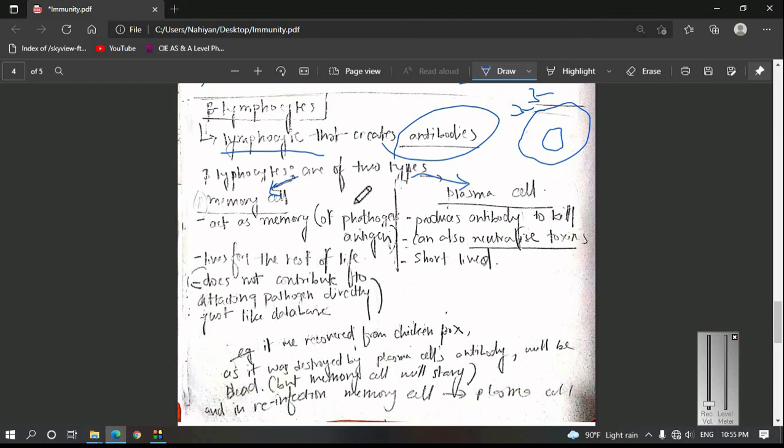Plasma cells are the ones who are actually working, producing antibodies and killing the pathogen, and memory cells are like the database. They are like the law book.